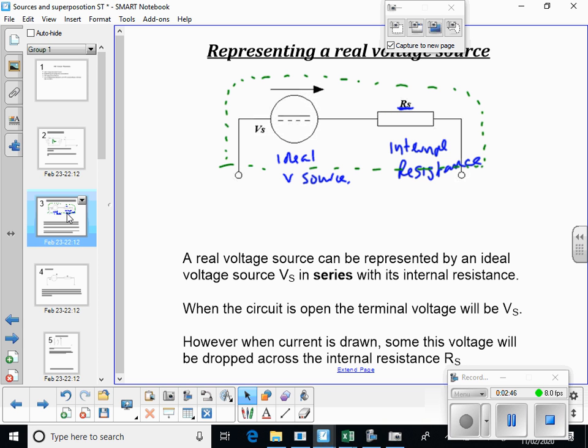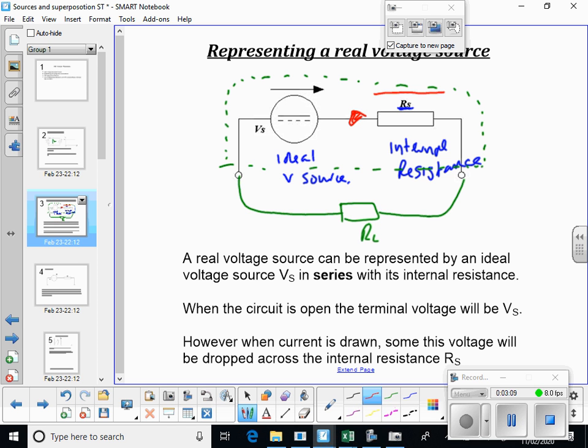So when the circuit is open, the terminal voltage will be VS. However, if we connect a load so that current flows in the circuit, we would then drop some voltage across RS.